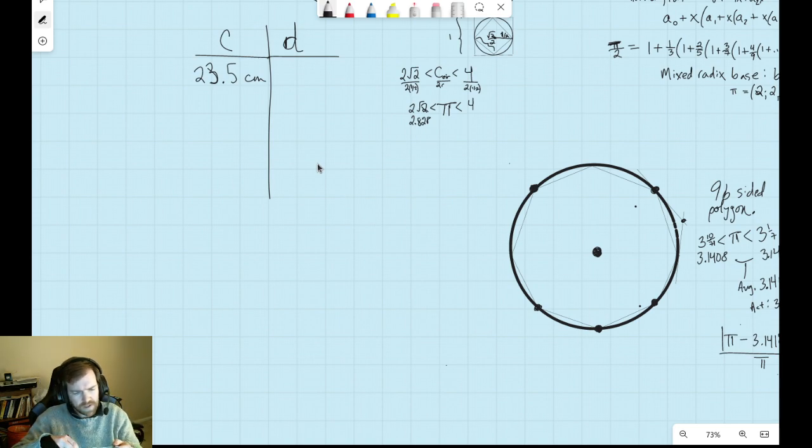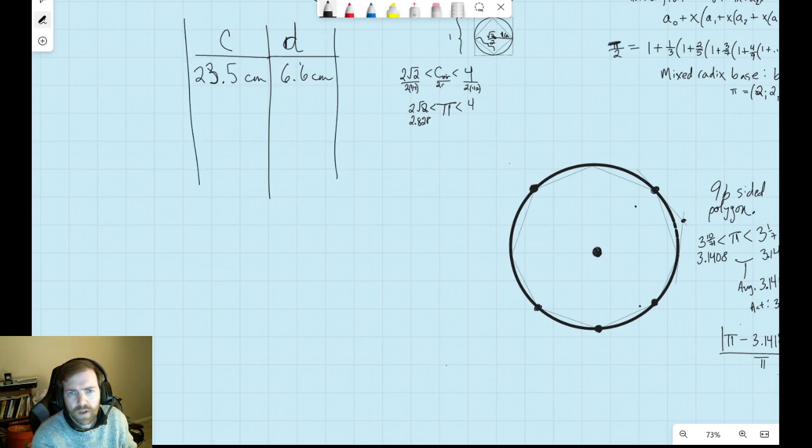And again, this is kind of hand wavy, but it's fine. 6.6. Okay, our value for pi. Very approximately, 23.5 divided by 6.6 is 3.56.